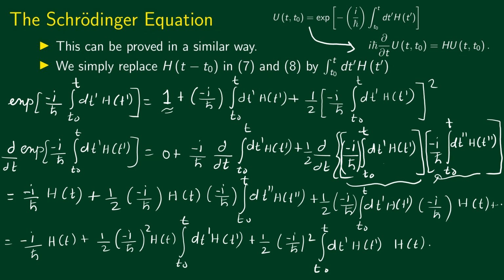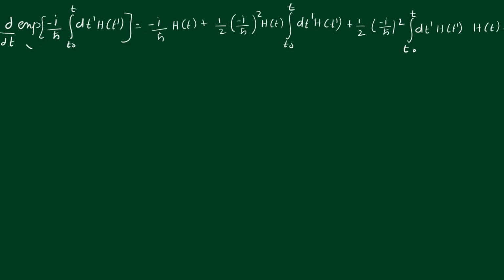So this is where we are. We started with exponential minus i by h bar integral t0 to t dt prime h of t prime, and we found the partial time derivative. We used the power series expansion, and we obtained the result up to this point. Now in order to continue, we see that there is an h of t here, there is an h of t here.